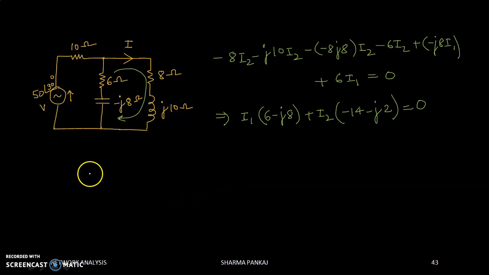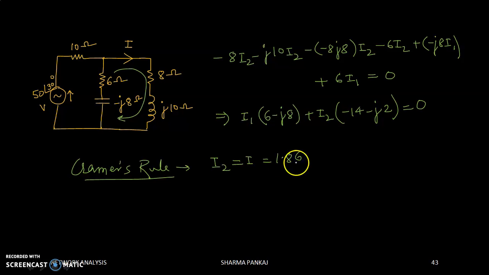By solving these two equations, applying Cramer's rule, we have I2 is equal to I, which is equal to 1.862 angle 333.45 degree ampere. This is your I2 or I.